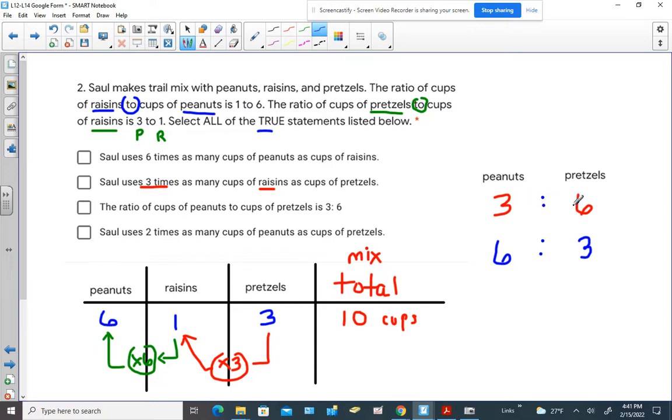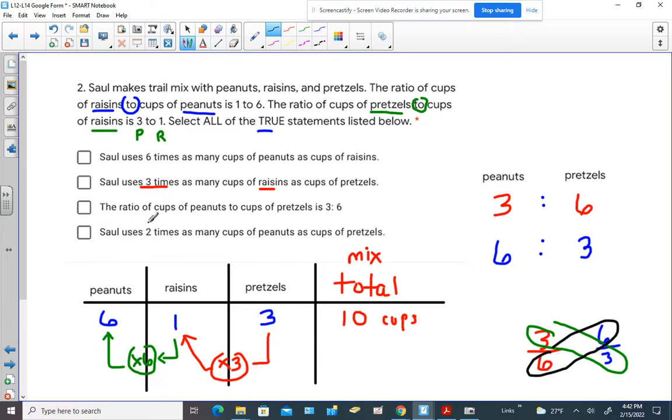Is a 3 to 6 ratio equal to a 6 to 3 ratio? Ask yourself, would the cross products match? If I wrote this instead as a 3 to 6, for peanuts to pretzels, and a 6 to 3, are the cross products going to match? Does this times this equal this times this?